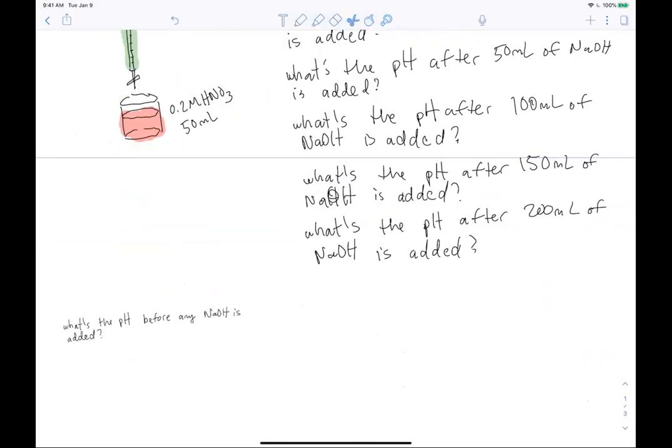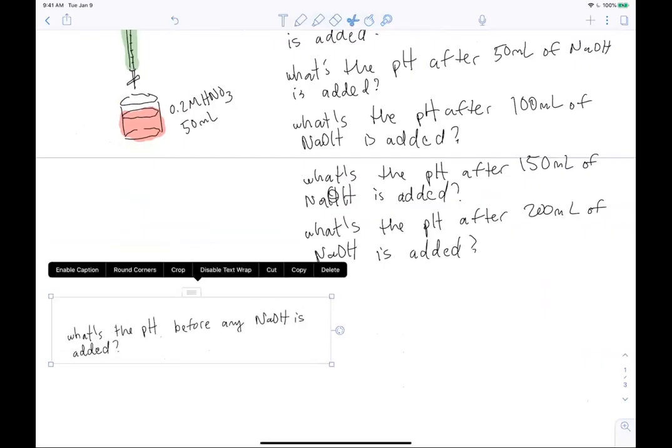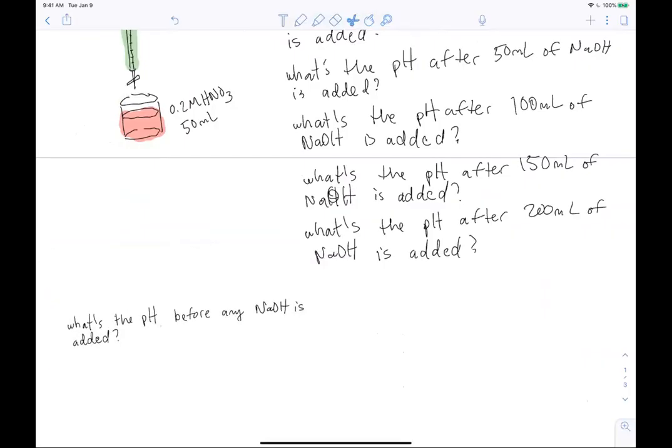All we're asking here is, what's the pH at that point? And so we know that the pH for a strong acid is just going to be the negative log of the concentration of the strong acid, since that's going to equal the concentration of the hydronium in solution. So you'll note that the volume doesn't matter because we're only interested in the concentration here. And so our pH comes out to be 0.7, which is what you would expect for a solution of strong acid.